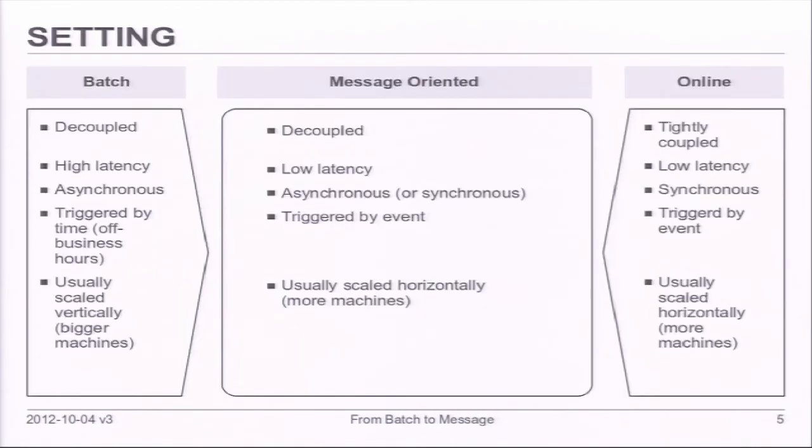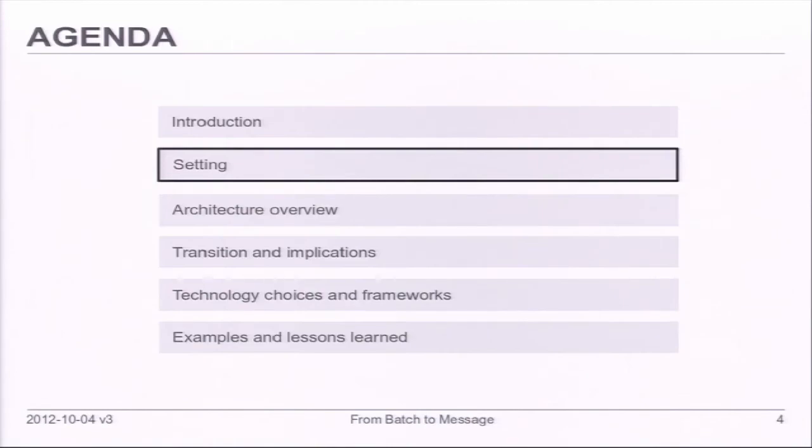Okay, the setting. Yeah, so let's have a quite short look at the agenda. We'll start with the basic setting, so introducing the different types that you can use to build your application landscape from: online and batch and messaging.